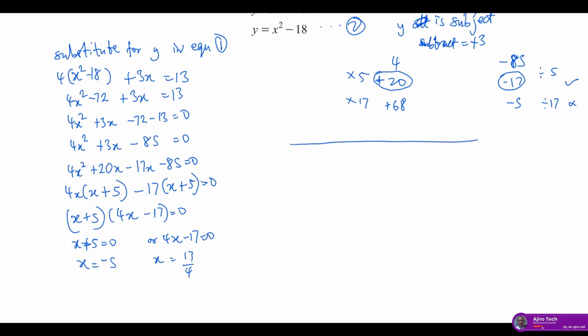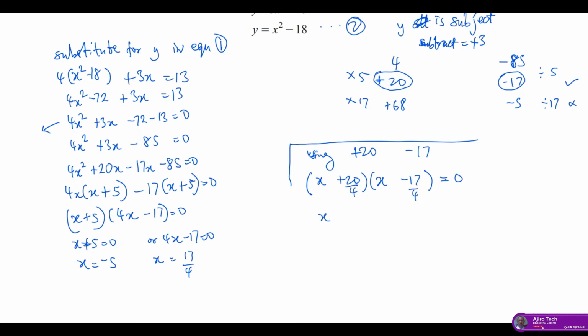Better still, at this point, using plus 20 minus 17, I can now put in brackets x, and in another bracket x. I put the plus 20 here, I put the minus 17 here. See this 4, I use it to divide each of them.